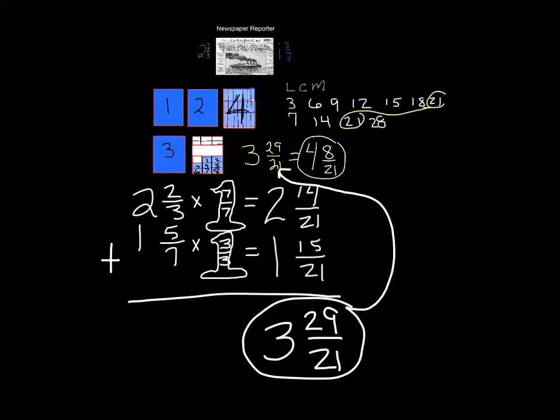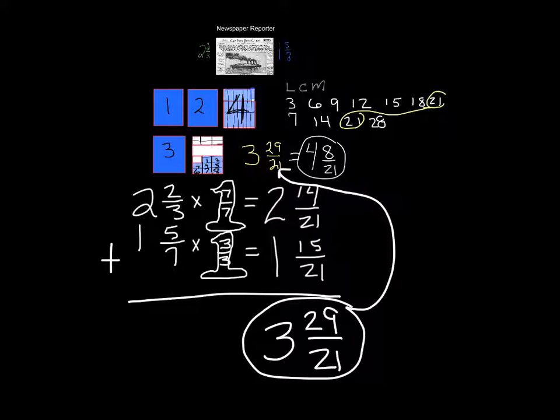Now, just like up here, this is top-heavy, and fractions can be thought of in 3 ways: 29/21, 29 out of 21, or 29 divided by 21. So we're going to do the last here right now.